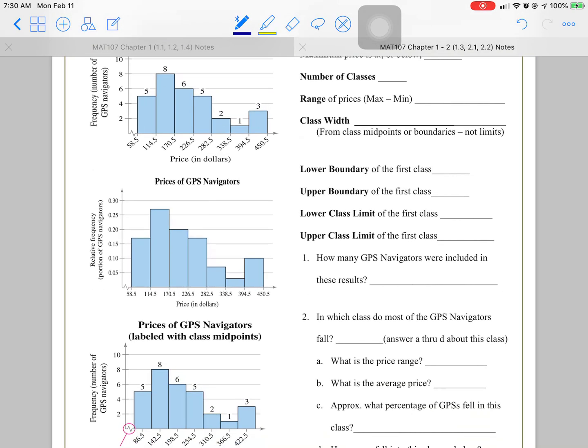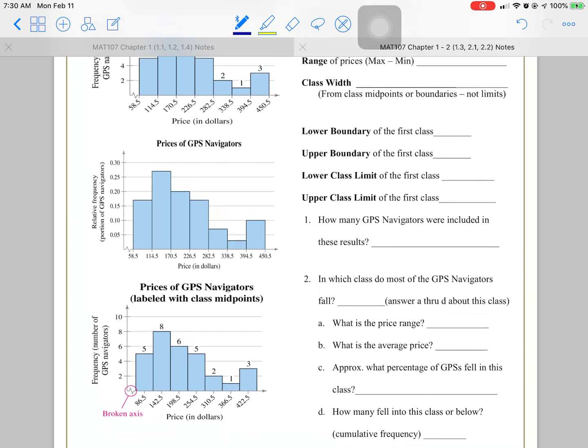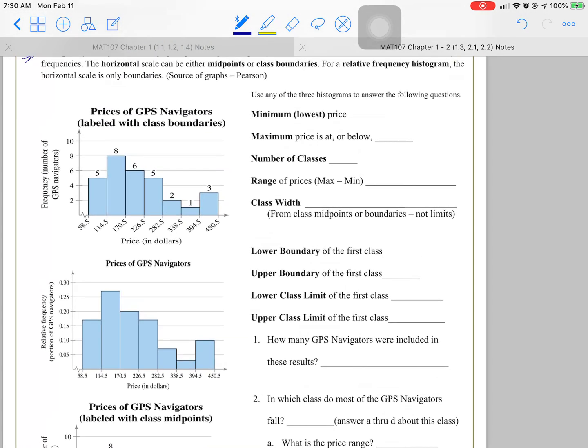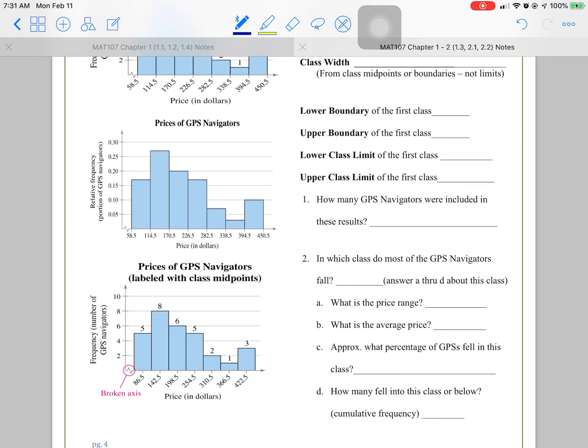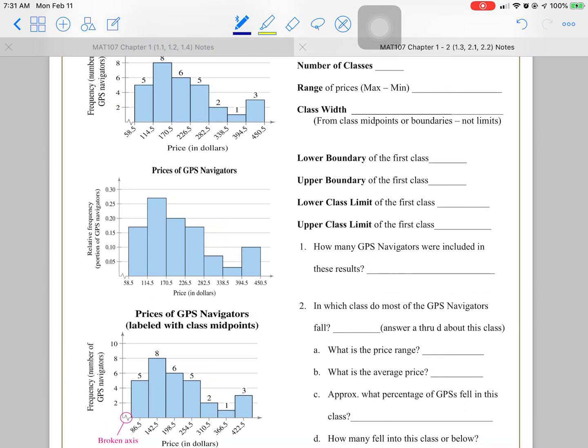So here are 3 graphs that we can use to answer the questions over on the side here. The first graph is prices of the GPS system navigators, and it's labeled with class boundaries. The second one is prices of navigators in a relative frequency scale.